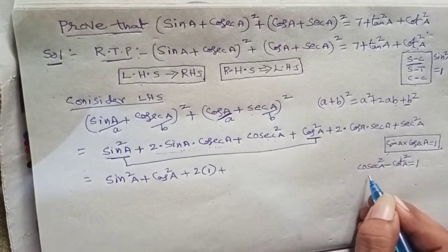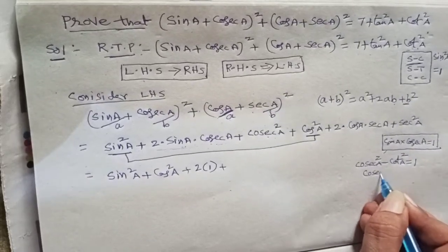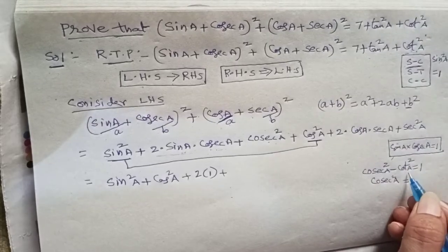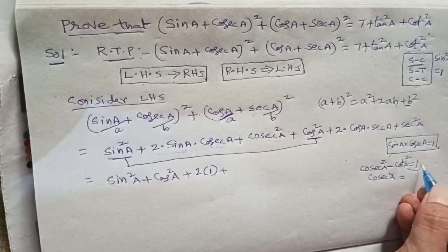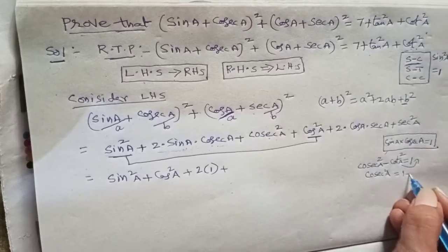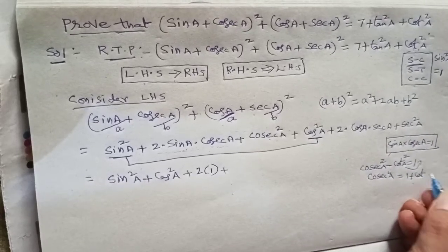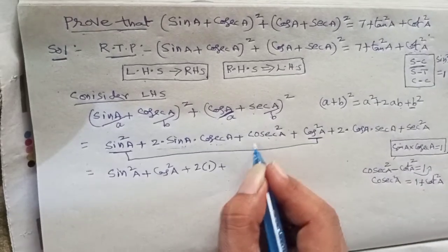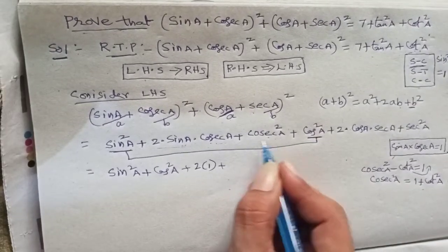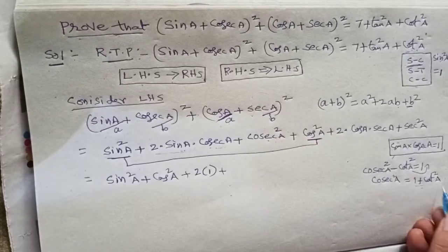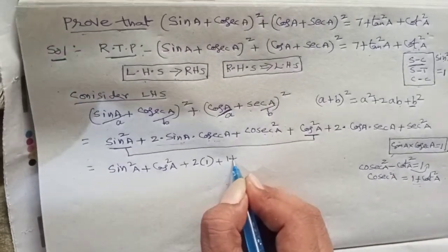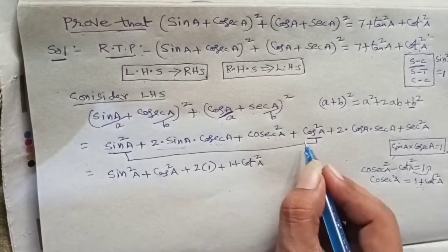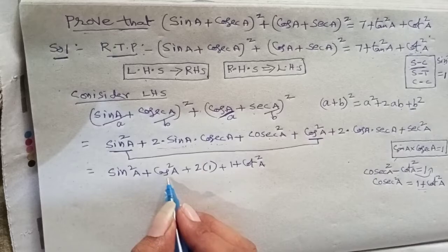For getting cosecant square A, you have to transpose minus cot square to the RHS. Then it becomes 1 plus cot square A. Therefore, in place of cosecant square A, I would like to write 1 plus cot square A. Then plus cos square A, already written here.